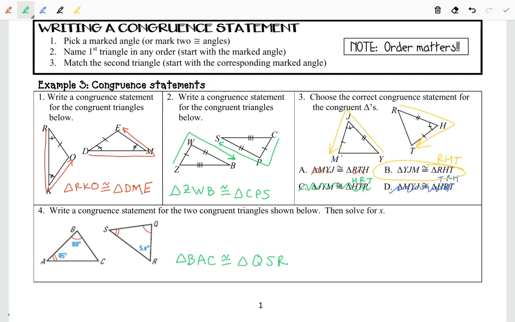Now, that means that angle R is the same as angle C. So I can put a 5x here. And we know that the 3 angles in any triangle add up to 180 degrees. So we know that 45 plus 80 plus 5x equals 180 degrees. 45 plus 80 is 125.